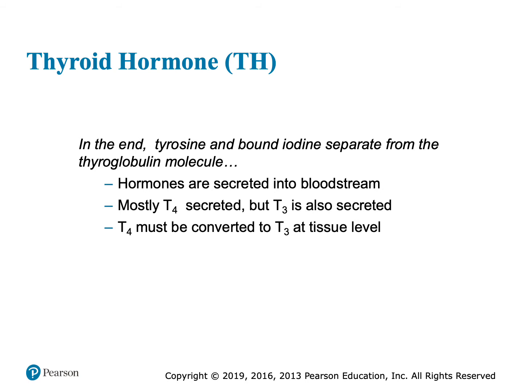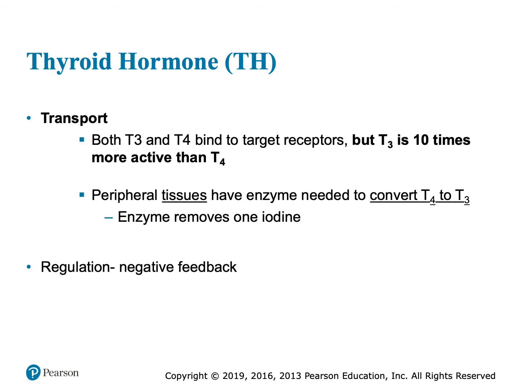So whenever the T4 finds its target, that cell is going to convert it to T3. And we're not going to get into any detail about how exactly the target cell breaks that down into T3. It just has an enzyme that's going to take off an iodine, that's all. Not a test question.